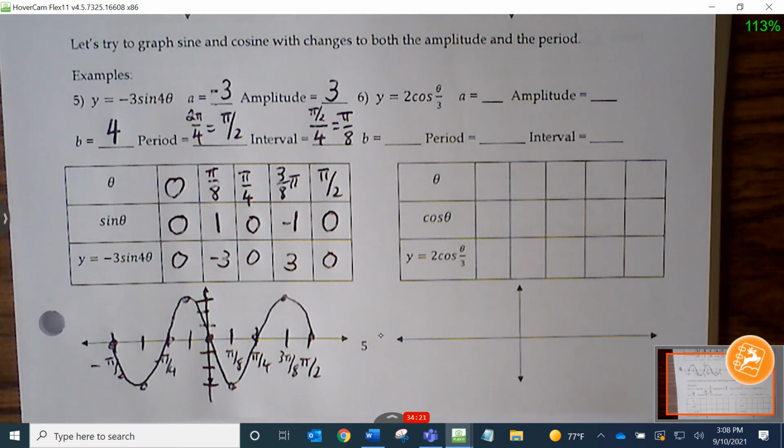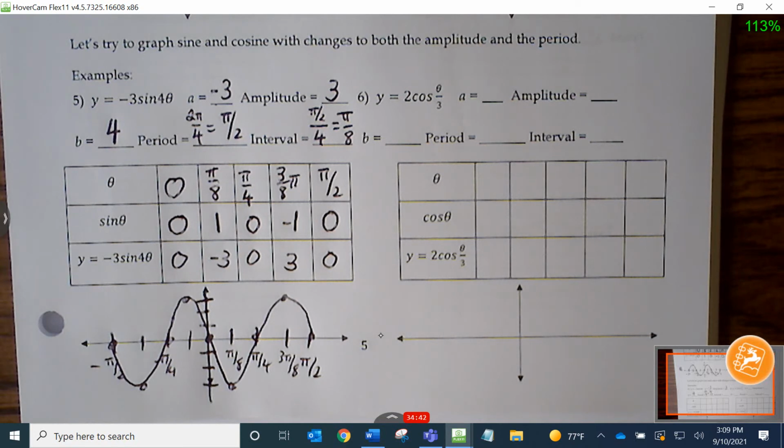Okay, how do you guys feel about the steps? So when you try number 6, go through the same process that we did in number 5. Identify your a value, identify your b value, and decide what adjustment we need to make to find our new period.